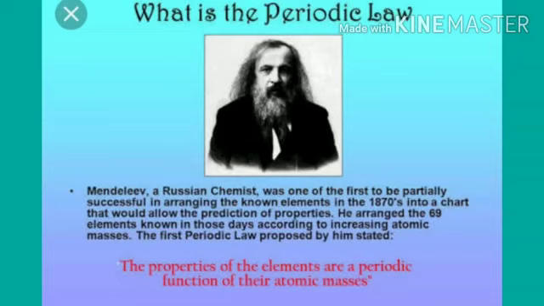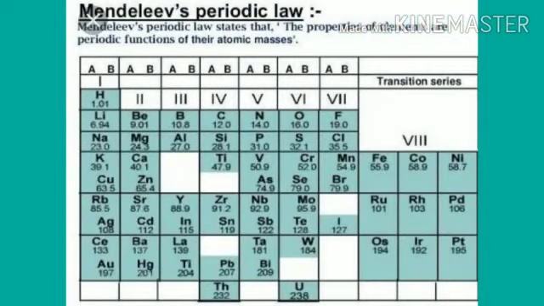Statement of Mendeleev's periodic law. The properties of elements are a periodic function of their atomic masses. Here is Mendeleev's periodic table. There are vertical columns in Mendeleev's periodic table called as groups, and horizontal rows called periods.